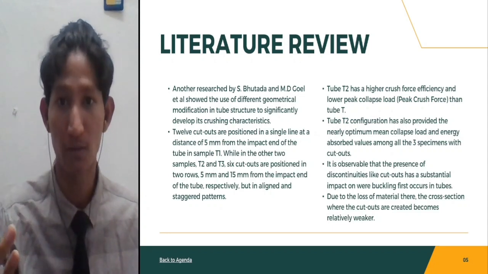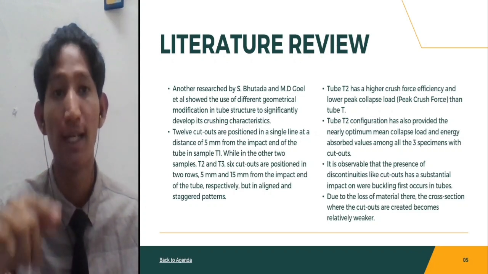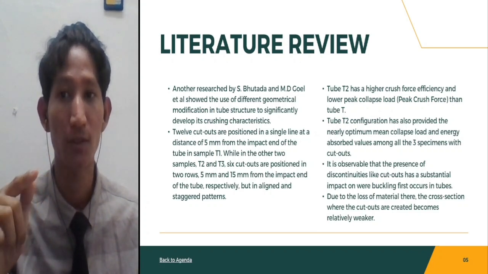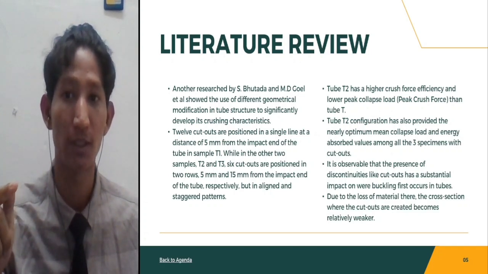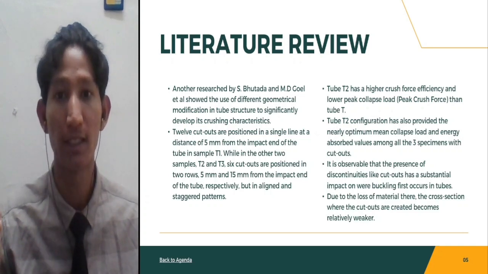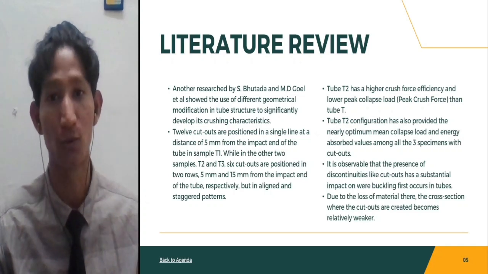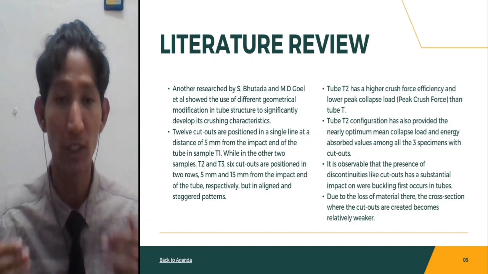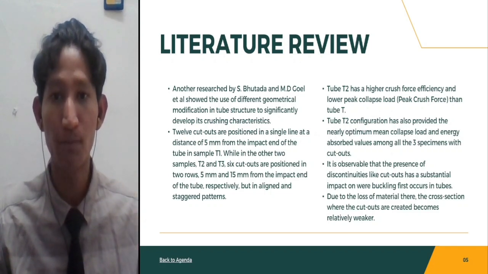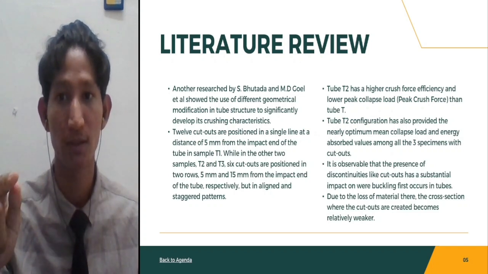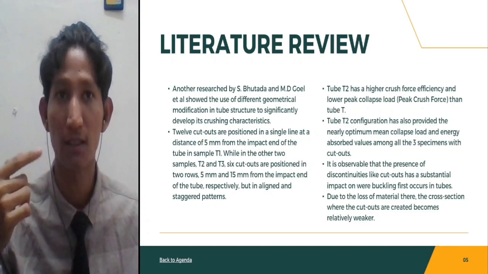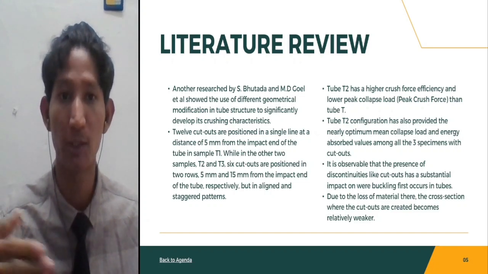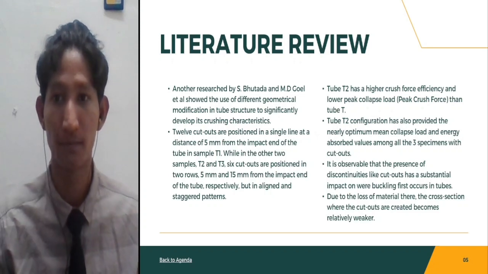So the results show T2 has a higher crush force efficiency and lower peak collapse load, which is peak crush force, than tube T. Tube T is a simple tube. As we know, a simple tube will give a higher peak crush force and also higher energy absorption than a window tube, as in the previous study.